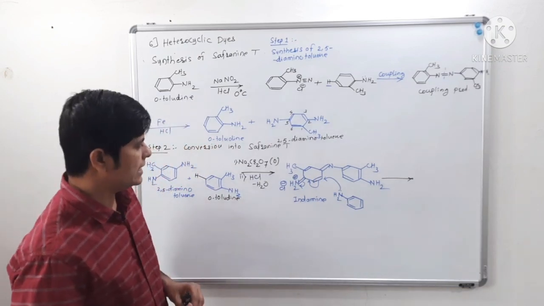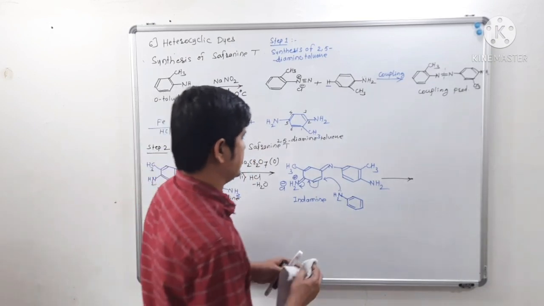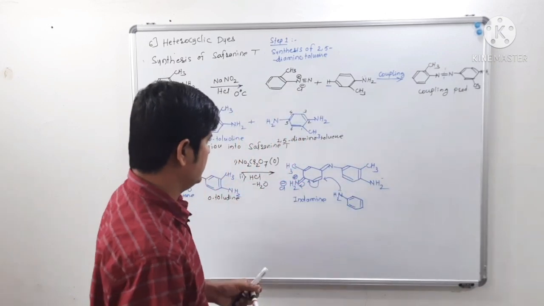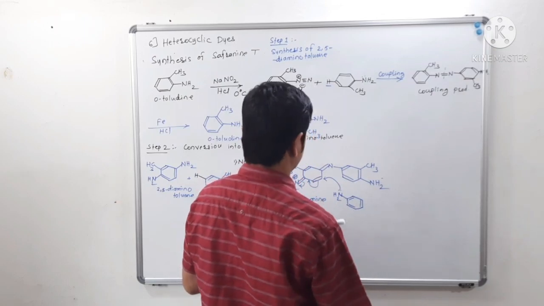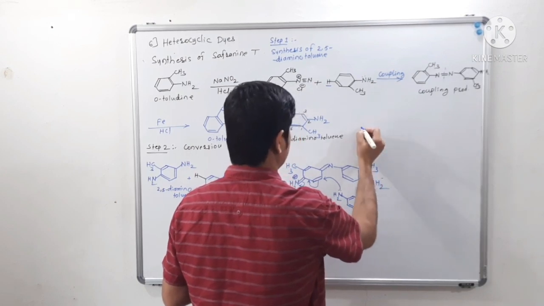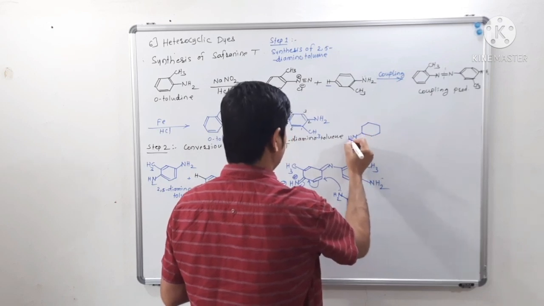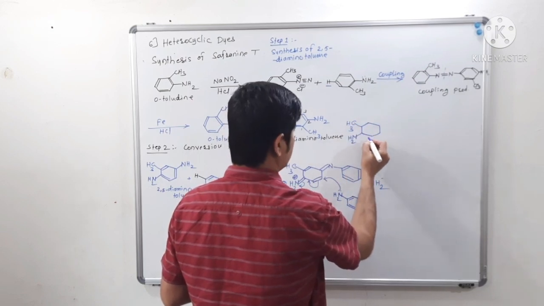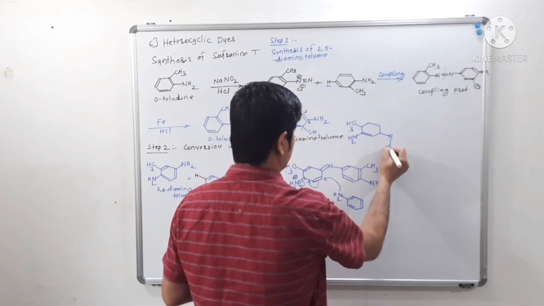So in the next step we will get a structure like this, with NH2, CH3, and NHPh.